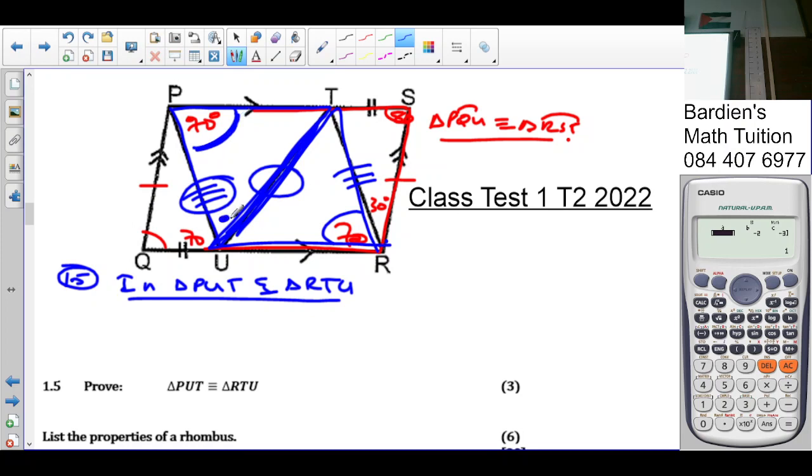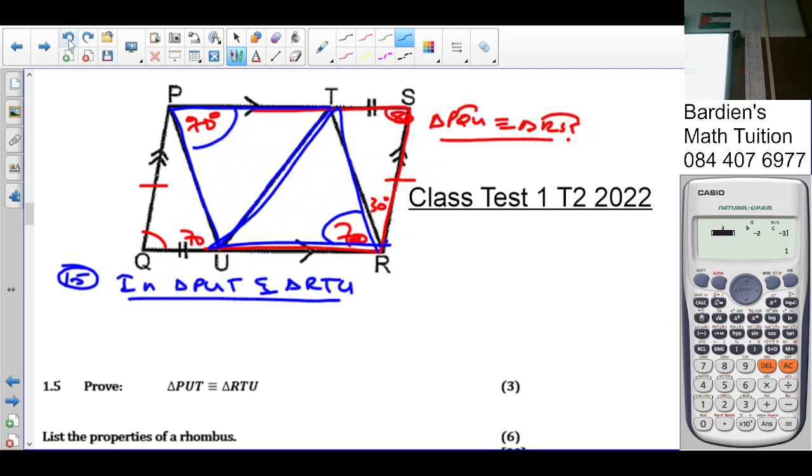If you knew this angle, then yes. If that angle you could have proved is equal to that angle, then yes, you're absolutely correct. But since you don't have that angle, you can't use the case of side, angle, side. So if you say that PU is equal to TR, proven or given or whatever, you're not going to get a mark. That is not helping us prove the congruency. Does it make sense? Right.